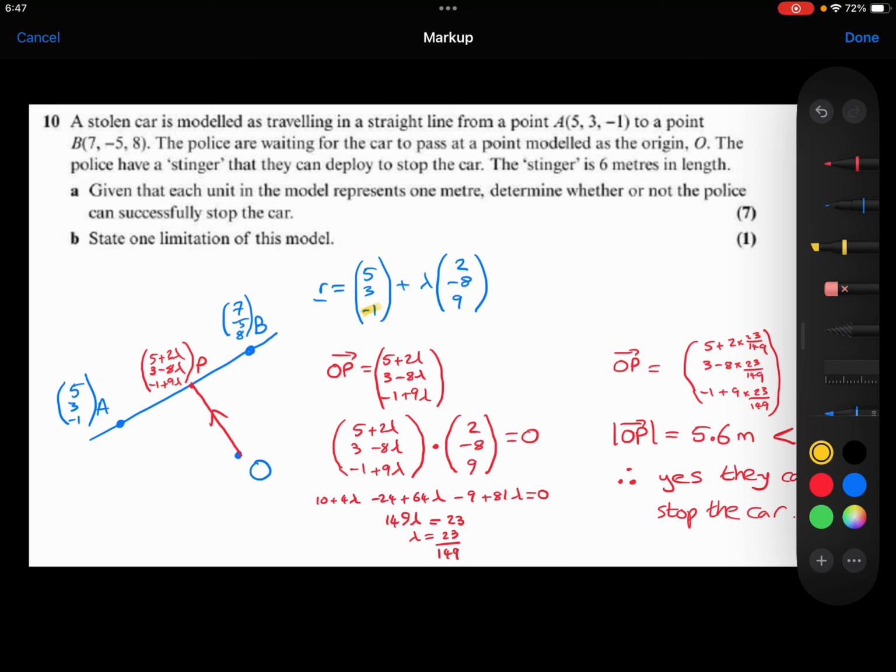And the key thing is when the car is closest to the police, OP will be perpendicular to the direction that the car is travelling in, which we know is (2, -8, 9). Therefore, the dot product of these two vectors will be equal to 0.